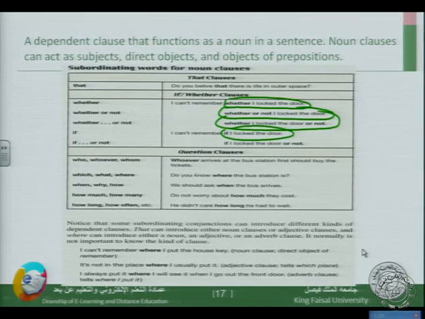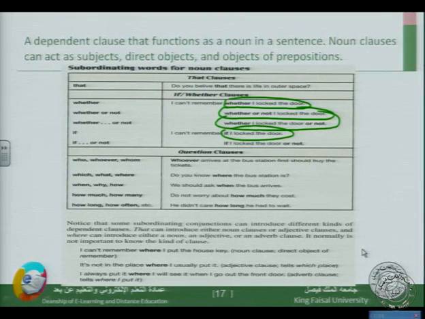We also have question clauses using "who," "whoever," and "whom." Whoever arrives at the bus station first should buy the tickets. Notice "whoever" here functions as a subject. "Which," "what," or "where" also: Do you know where the bus station is? "When," "why," and "how": We should ask when the bus arrives.